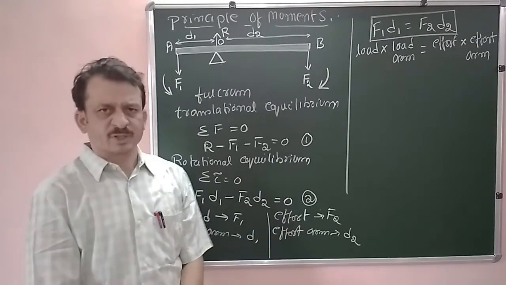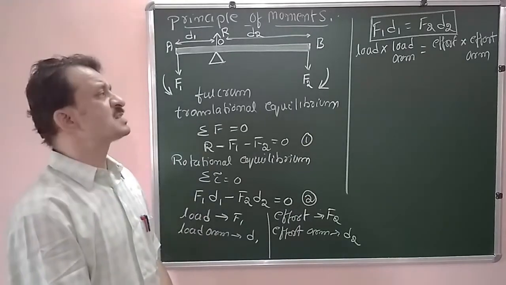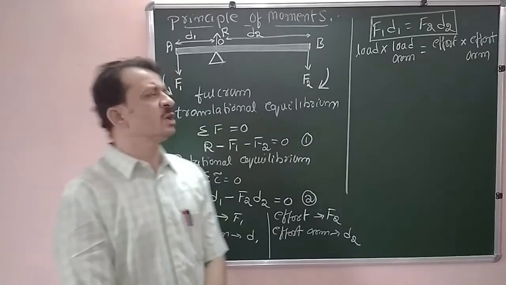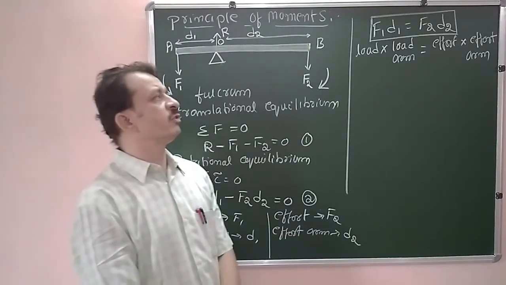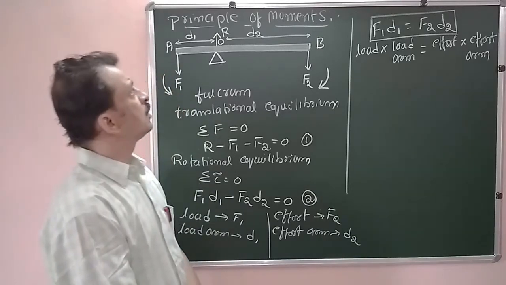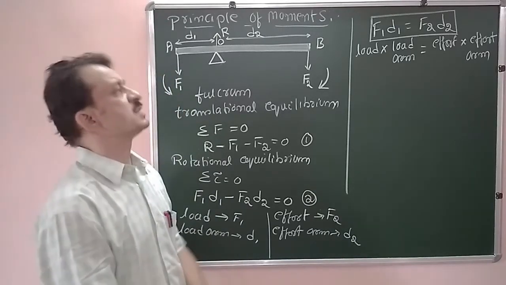This expression represents the principle of moments, that is, the product of load and load arm is equal to the product of effort and effort arm. That is called the principle of moments.